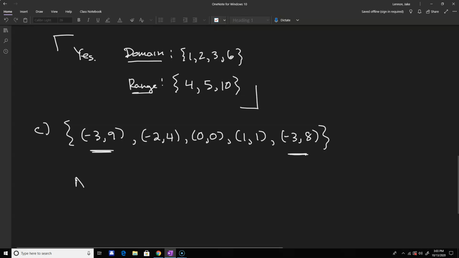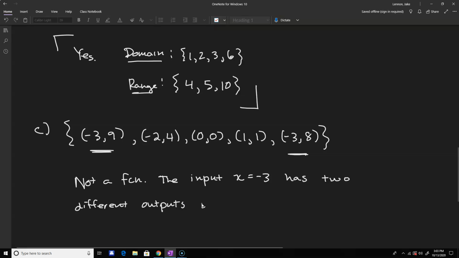So no, this is not a function. The input x equals -3 has 2 different outputs, y equals 9 and y equals 8. That's what causes the problem, and that's why this example does not represent a function.